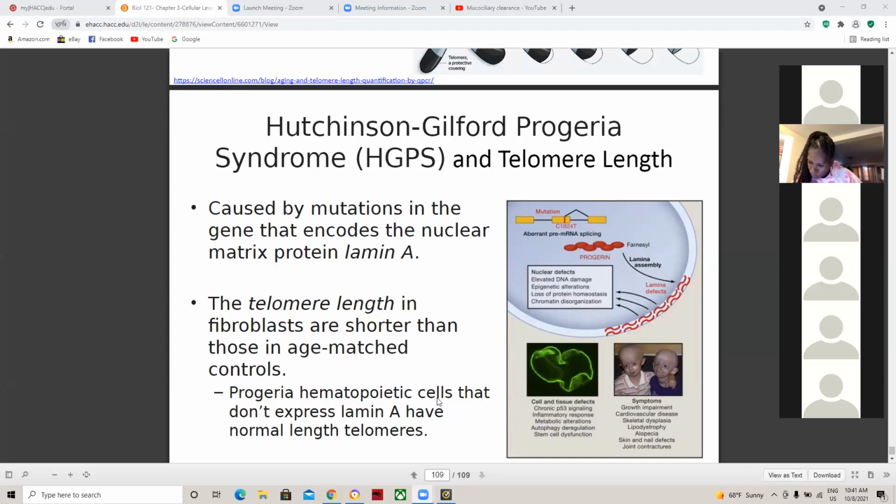So the progeria hematopoietic cells don't express the laminin A with normal length telomeres, which limits how much their cells are able to divide, possibly related to how quickly these children age.